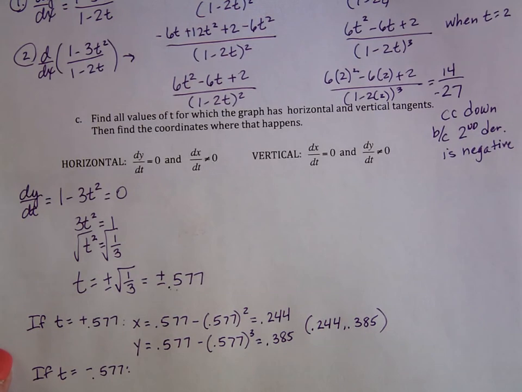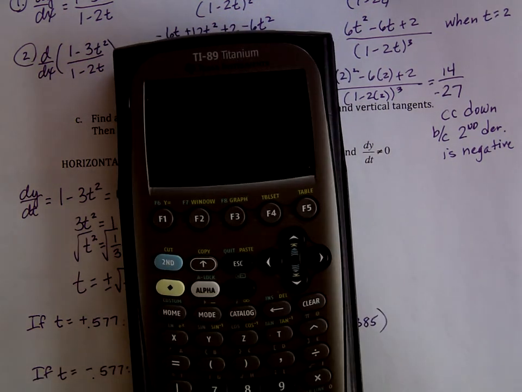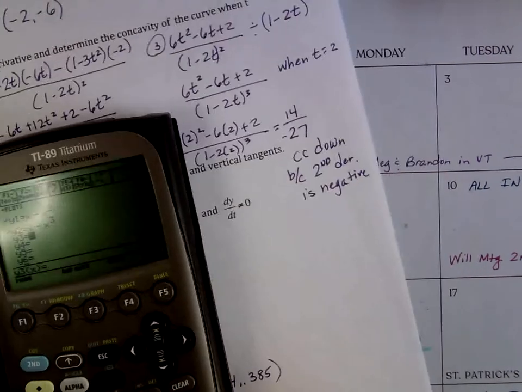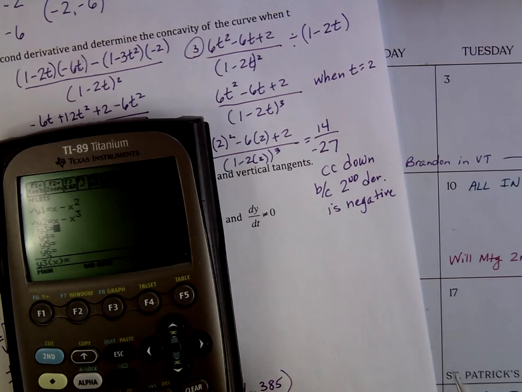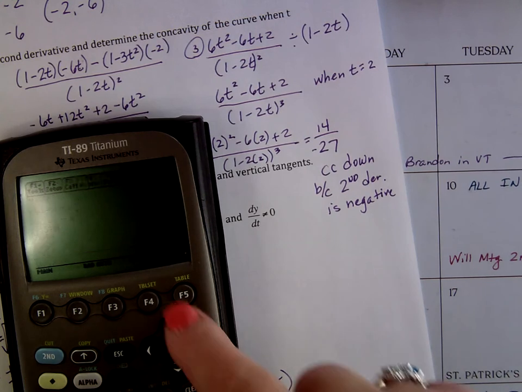Here's what I did in the calculator to make it a little easier. Let me show you. In my y1 I put x minus x squared, and in my y2 I put x minus x cubed. Then I just went to the table and I was able to get these values pretty quickly.